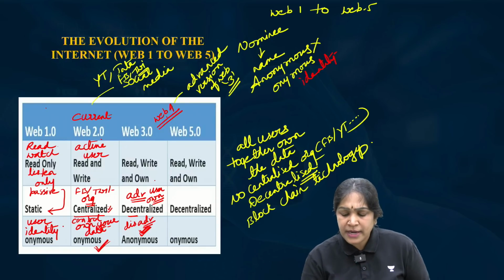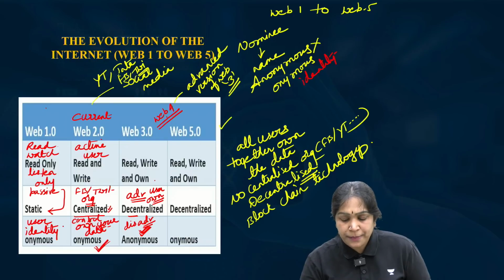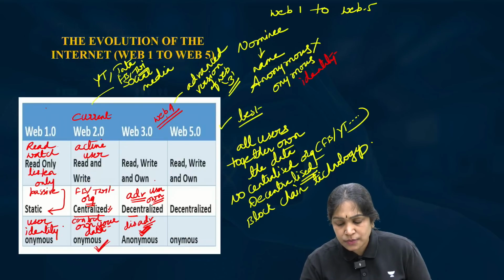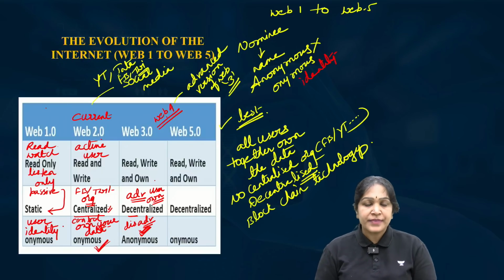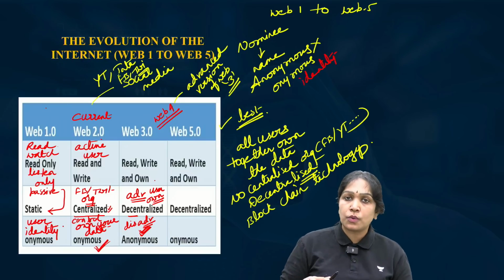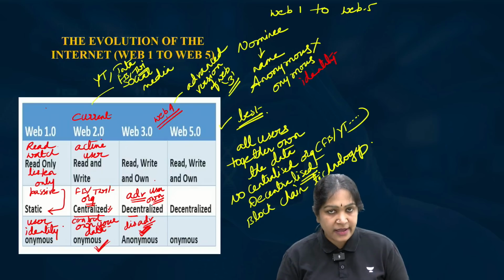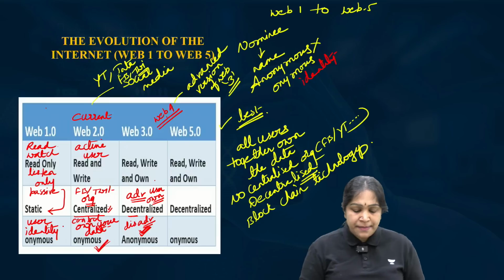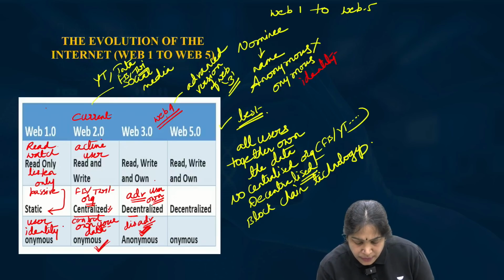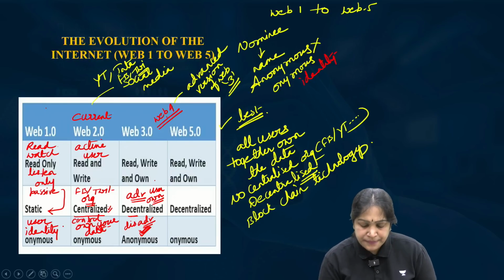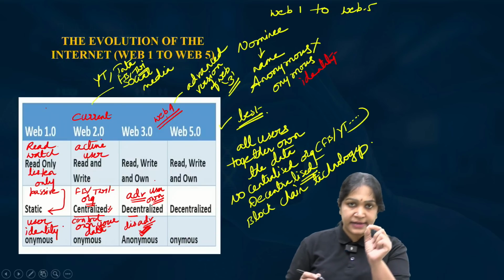Now coming to Web 5. Web 5 is the best one. Why is Web 5 the best one? It has the advantage of Web 2 and the advantage of Web 3. The main advantage of Web 2 is identity.